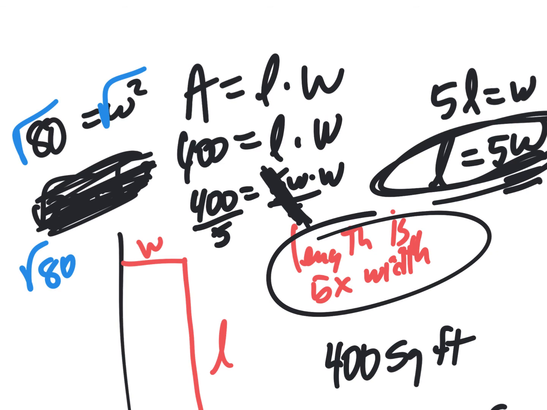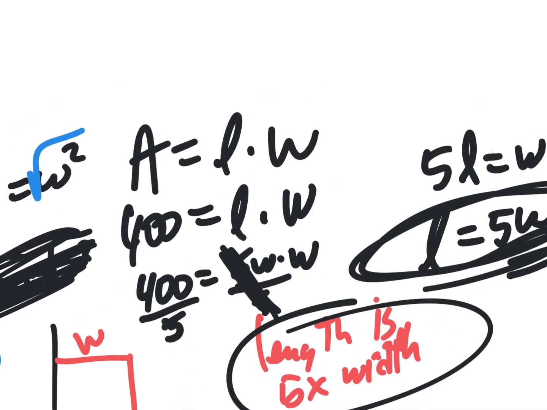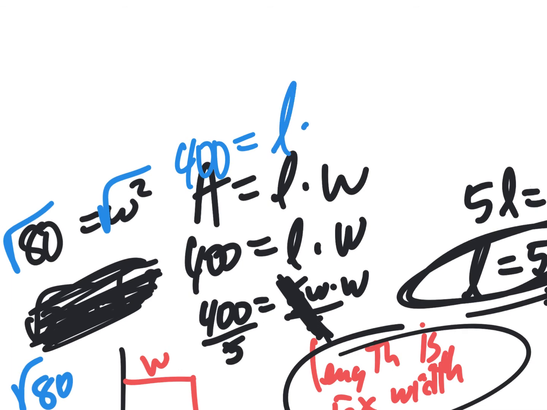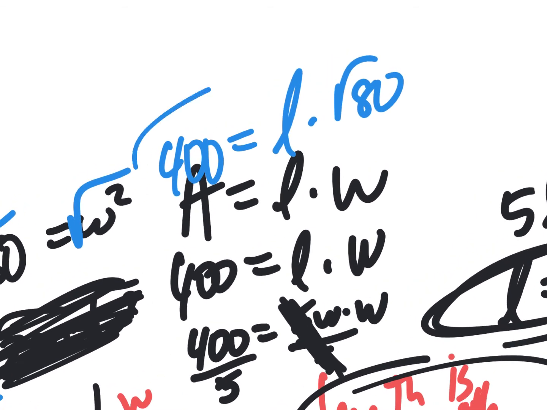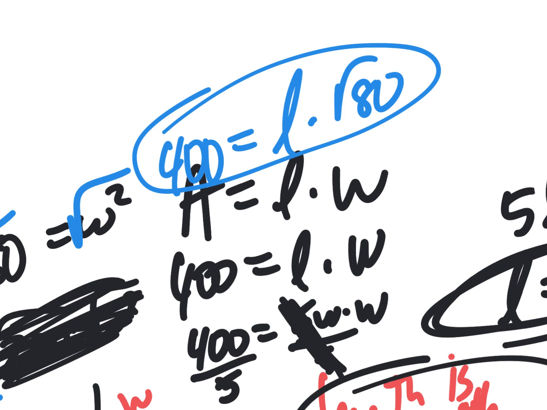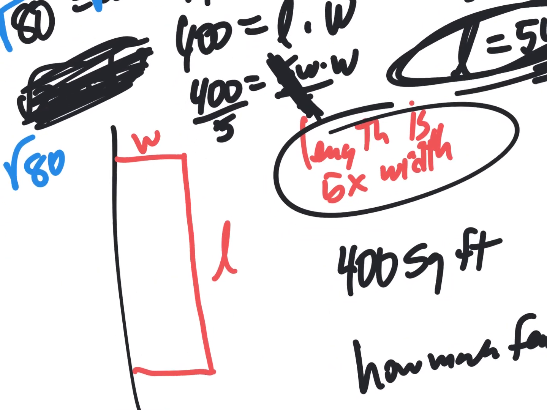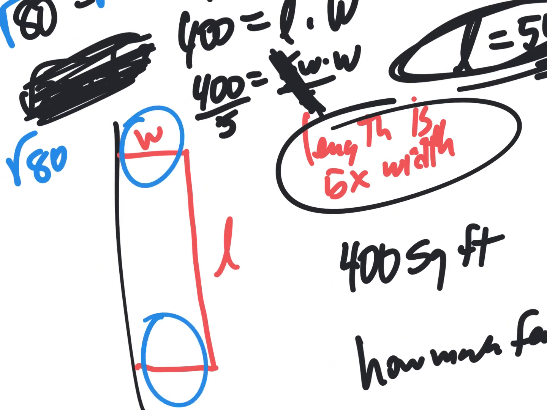Okay. Then could you figure out the length from that? Sure. You know 400 is equal to the length times the width we just figured out, square root of 80. You could simplify that, by the way, but for right now, I don't really need to do that. Do you get how you could get L from this equation then? Then you'd know L, then you'd know W, and then you'd have to go 2 W's plus an L to get the perimeter.